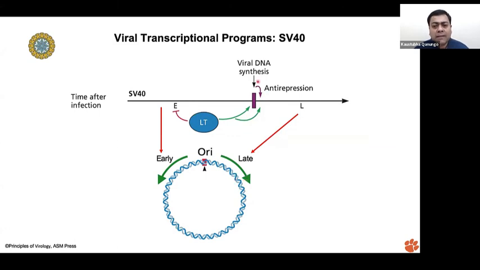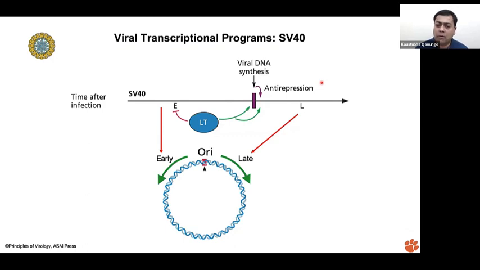Now, this is a very important concept. We are going to see that not only does the LT directly enhance the late gene expression, viral DNA synthesis also enhances the late gene expression. And we're going to explain that unique phenomenon, which we call anti-repression. Anti-repression means escape from repression.